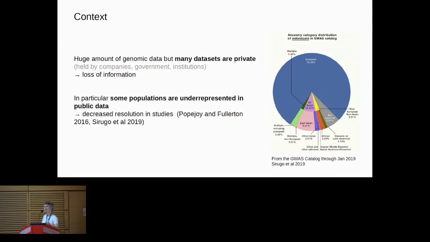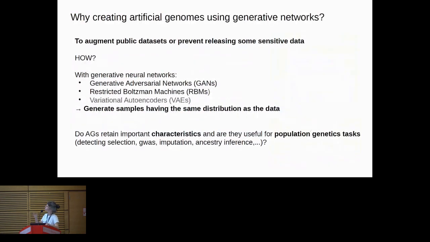Some are completely private, some are very hard to get access to, and there is clearly a lot of information, and in particular it's been studied that some populations are highly underrepresented in the public data sets. So we were wondering if we could augment the public data set by using synthetic artificial genomes and lower the issue with releasing sensitive data.